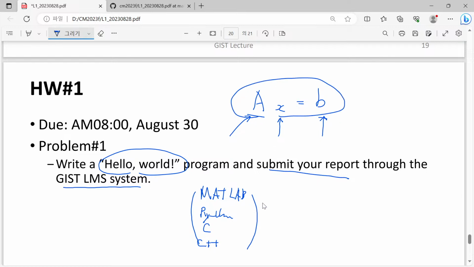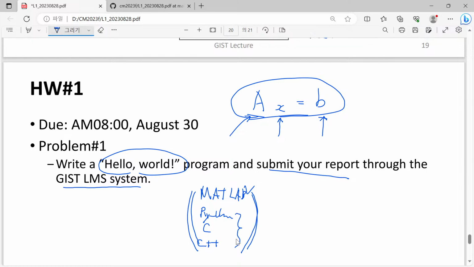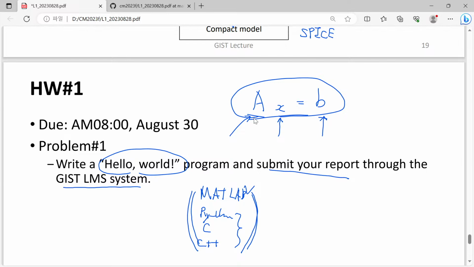But fortunately, all of these languages have sufficient built-in support, or through well-developed libraries, you can easily do this kind of thing quite well. So don't be worried about that. Are you with me? In homework 1, you can just write a short code and submit it. Then that's all for our lecture 1.